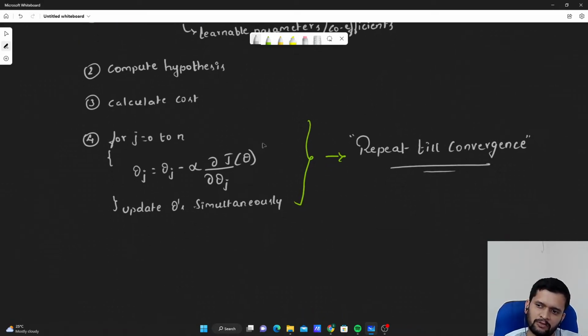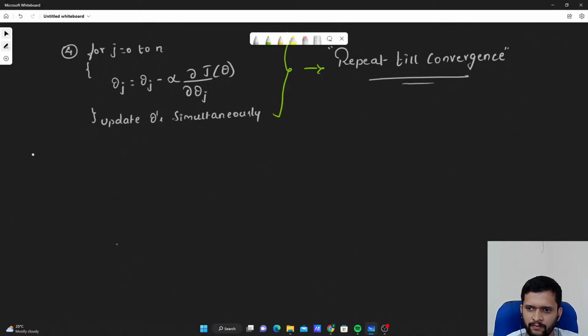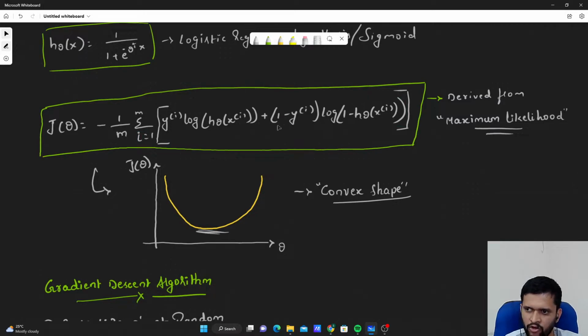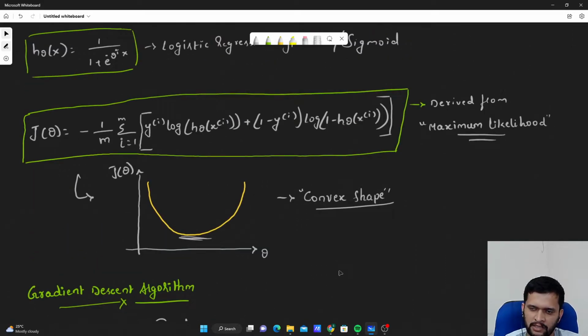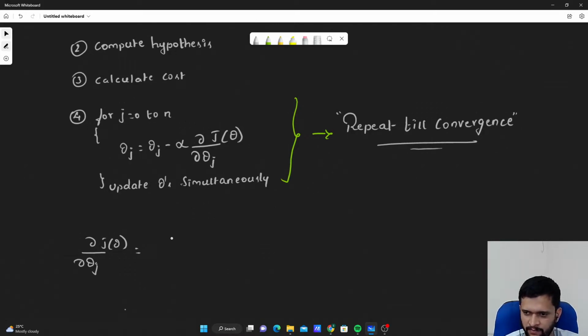Now coming to this partial derivative, d by d theta j of J theta, how can we compute this for our logistic regression cost function, which is derived from the maximum likelihood principle? If you derive the partial derivatives for individual features with respect to the training examples, you will arrive at an equation like this.